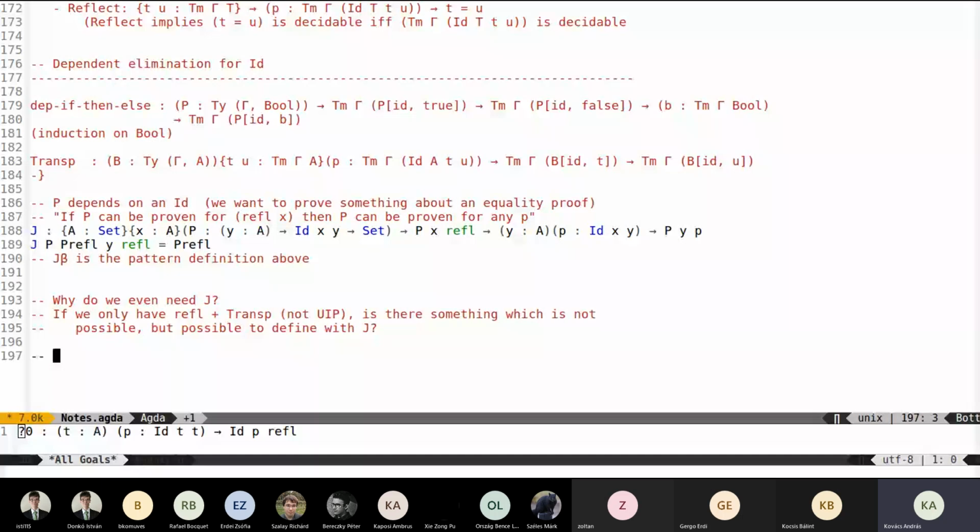Well, any kind of proof which assumes that two things are equal, I guess. Yes, right. If we are defining any kind of proof relevant thing which depends on an equality proof.